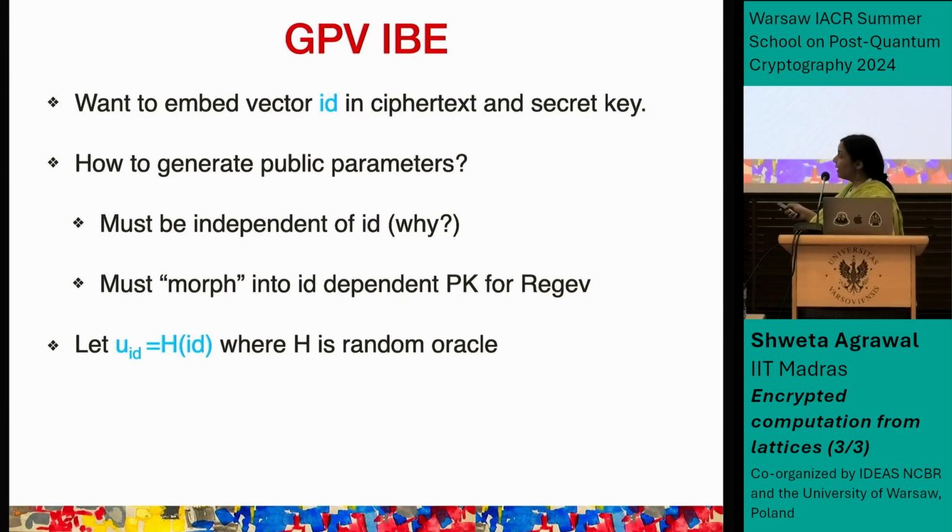One thing is that, in the real world, this H is just going to be a hash function with the appropriate domain and range. So it will take whatever bit string you have as identity, and hash it into a vector from the appropriate space. We were using Z_q to the n yesterday, so this hash function is going to do that.